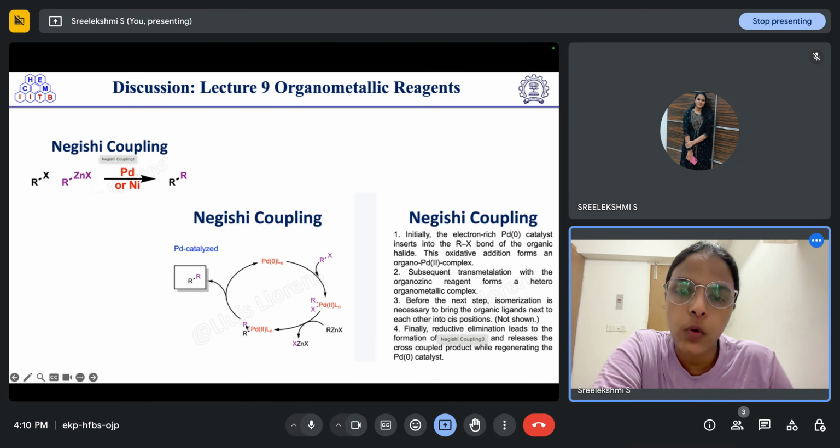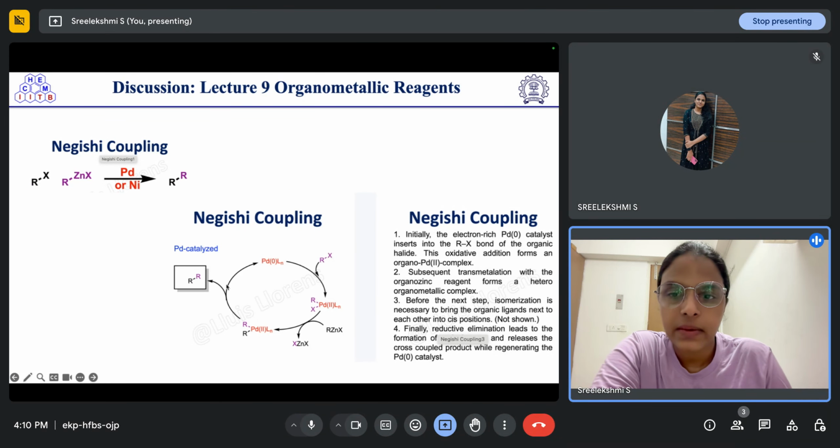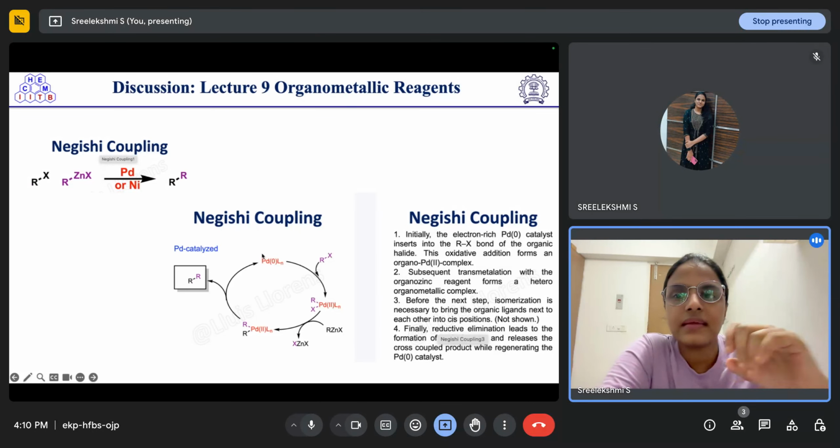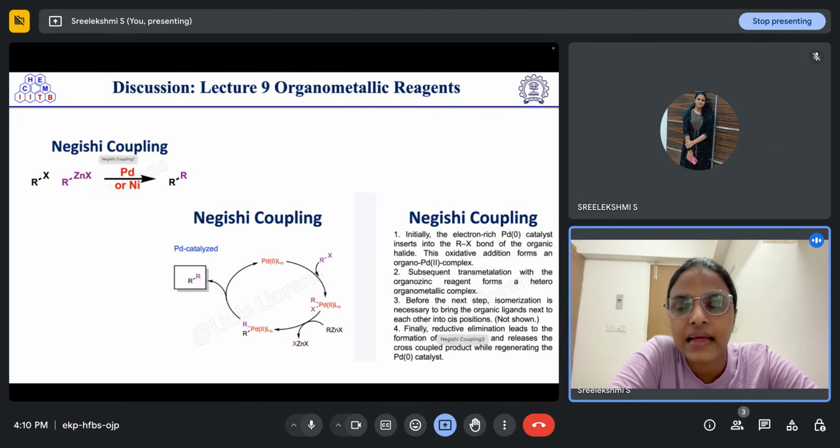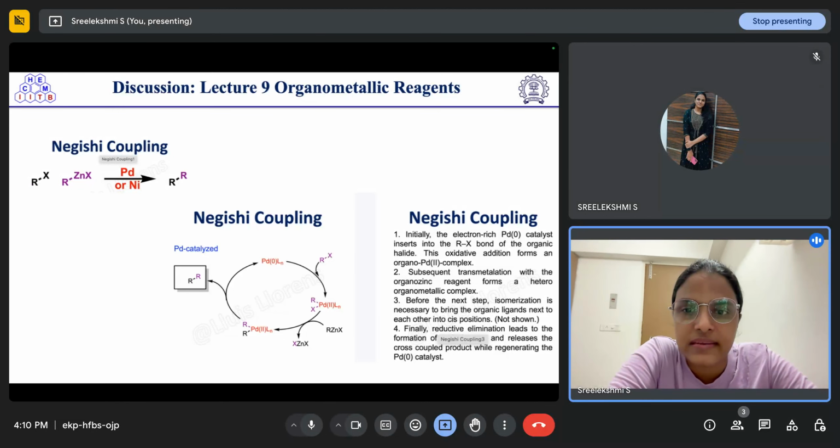So first both R groups should come to cis position, then only reductive elimination will be possible. Then the reductive elimination will take place to form the cross-coupled product while regenerating the palladium catalyst. So it is a coupling reaction between halides and organozinc compounds in presence of palladium, or nickel also we can use as the catalyst.